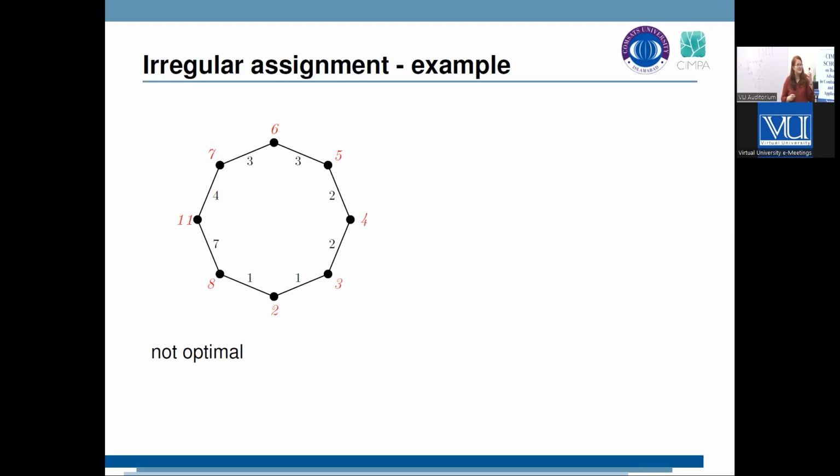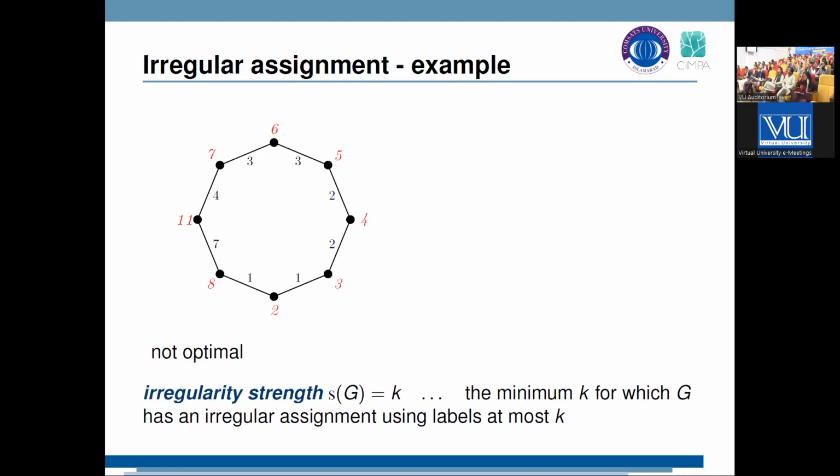So what does it mean, optimal? What would we like to optimize? You would like to use the minimum value. Yes, you would like to find the minimum edge label. And this minimal edge label is called the irregularity strength of graph G.